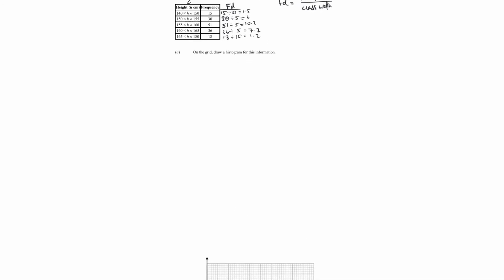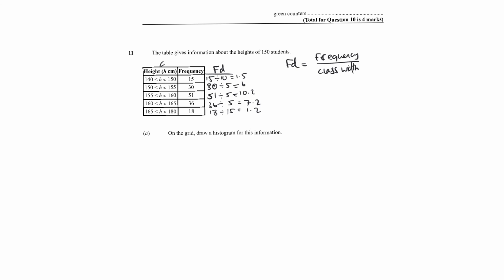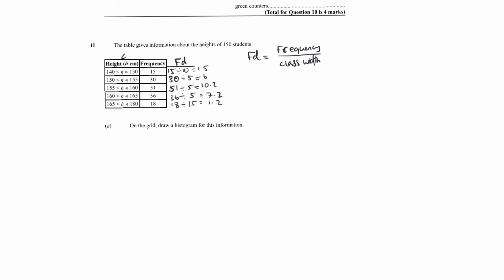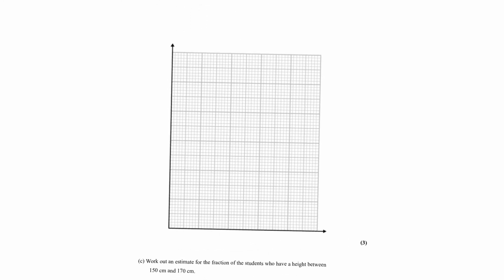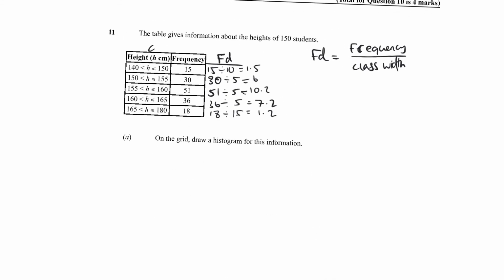Okay, so now that we've worked out the frequency density, we now need to plot the axes on the graph. So, okay, this is our graph. If we scroll up, we can see that the class width range is from 140 to 180.